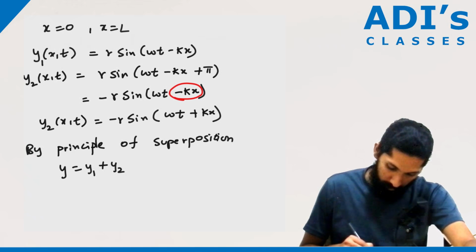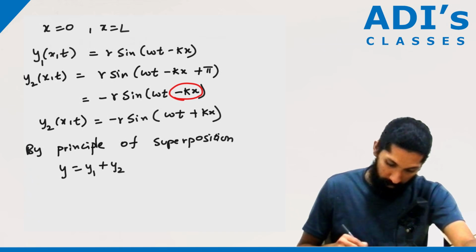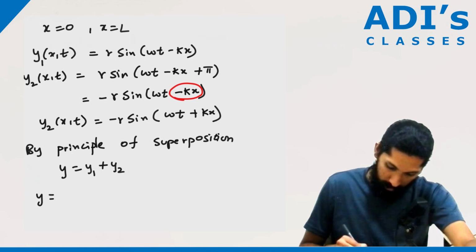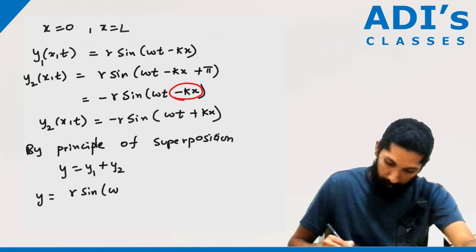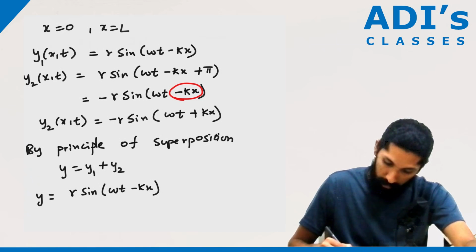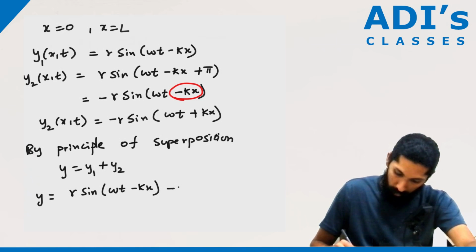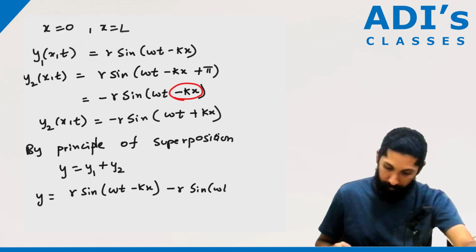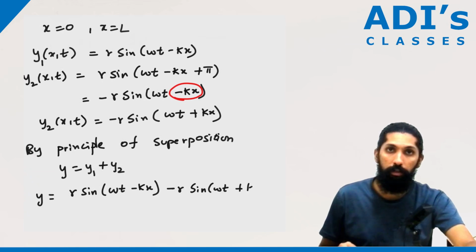So y is equal to y1, which is r sine of omega t minus kx, plus y2, which is minus r into sine of omega t plus kx. This is what we have.